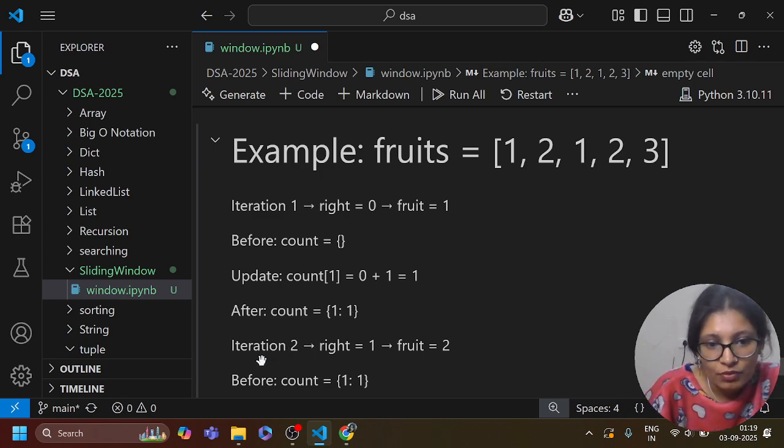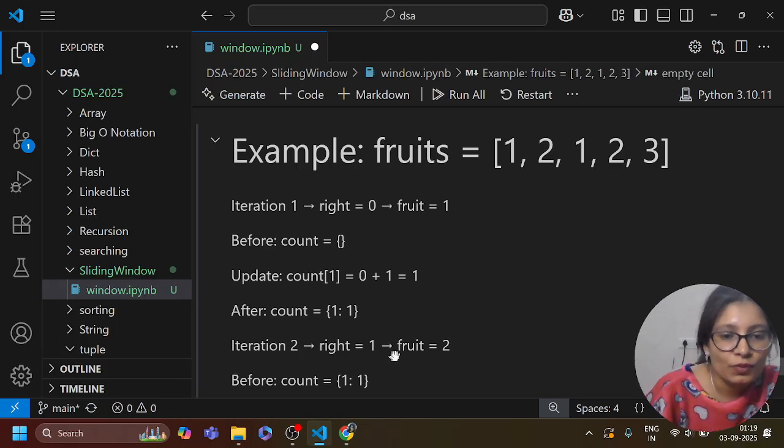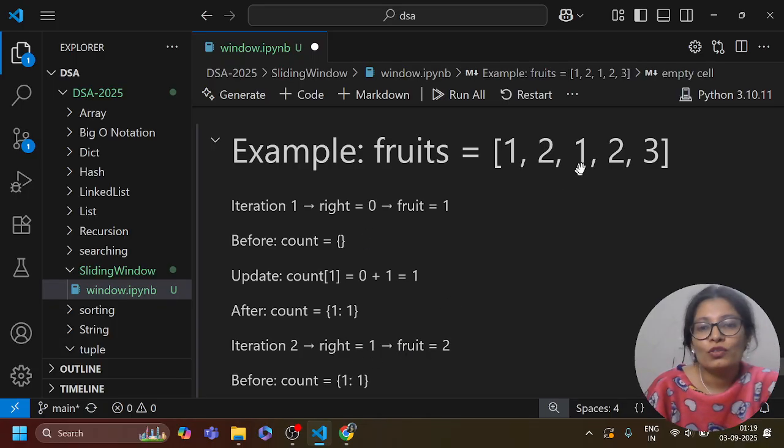Now we go to iteration 2. Here you can see we increase the value of right, so right equals 1 and fruit equals 2.